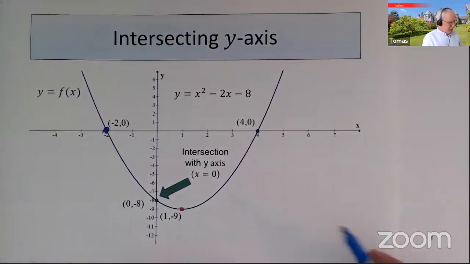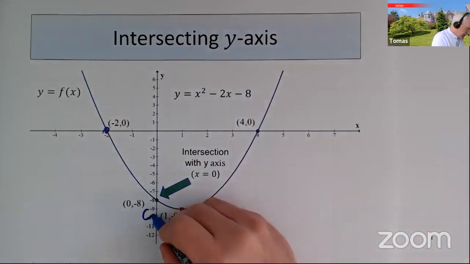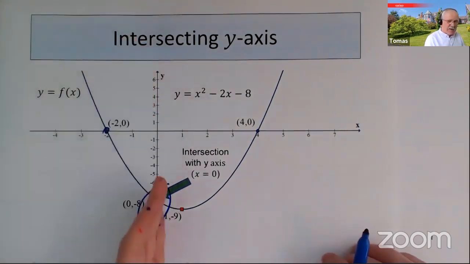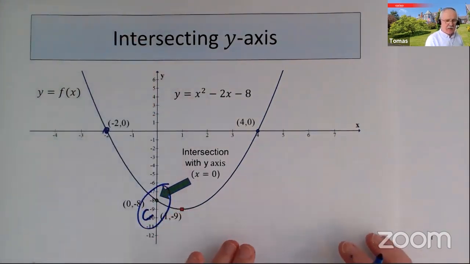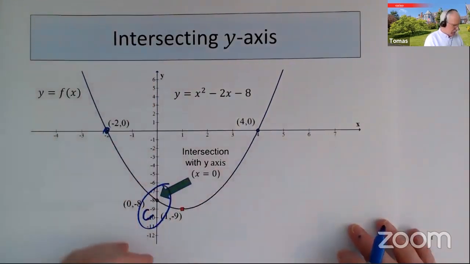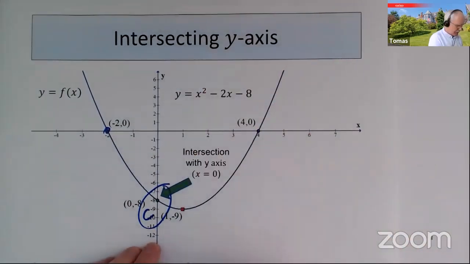The next one is intersecting the y-axis. How do you find this point C here? Well, it's pretty much the same idea. Any intersection of anything, anywhere on your course, is 2 things coming together. So it not only must be on one thing, it must be on the other thing.